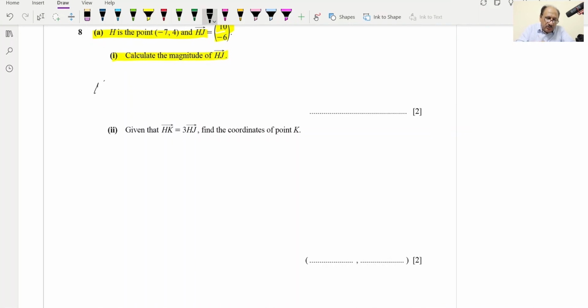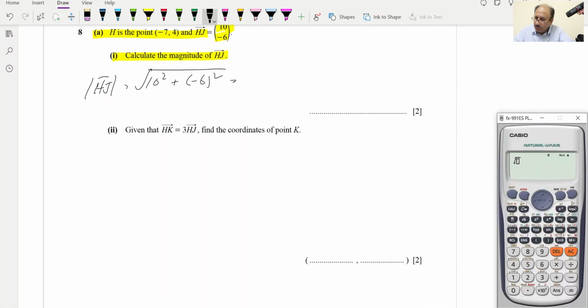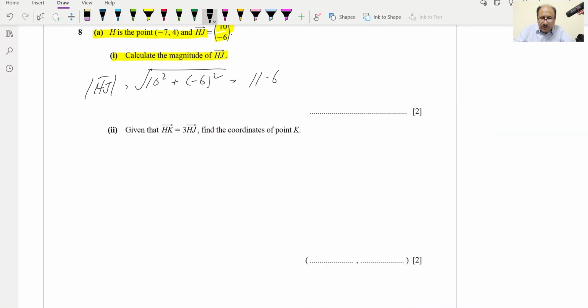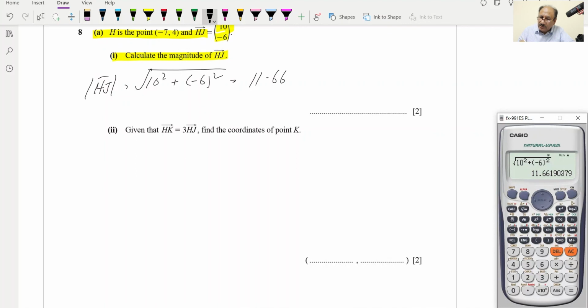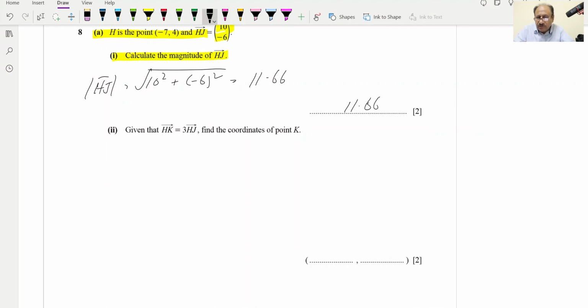So for magnitude of HJ, we will be taking x component square plus y component square under root, and this will be equal to under root of 10 squared plus -6 squared, and this is equal to decimal value 11.661. Okay, so 11.66 will be up to 2 decimal places.